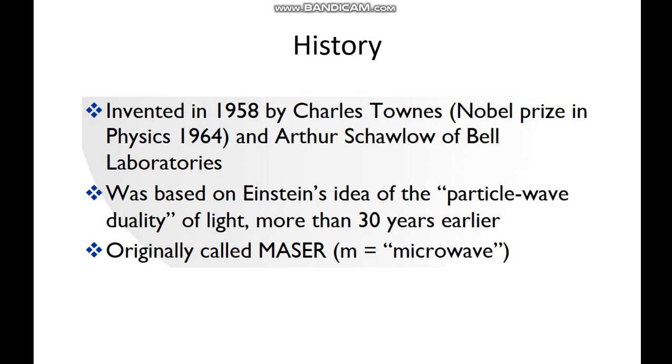Laser was invented and got the Nobel Prize in 1964, and it was based on Einstein's idea of particle wave duality. This is the same idea which we read in our previous two lectures, that light always travels in the form of waves.